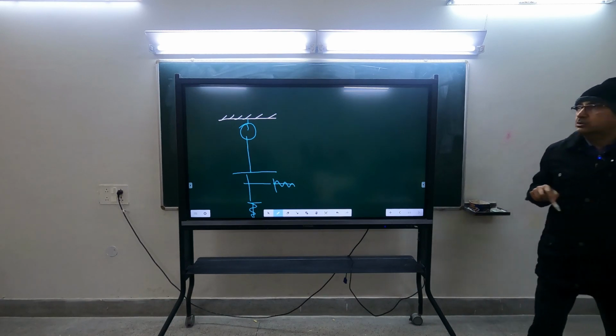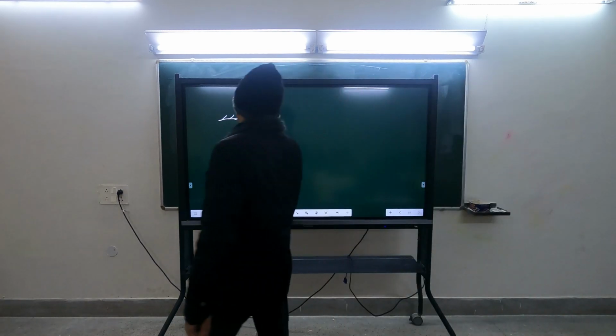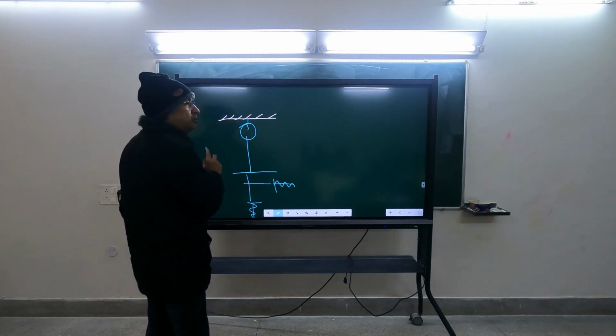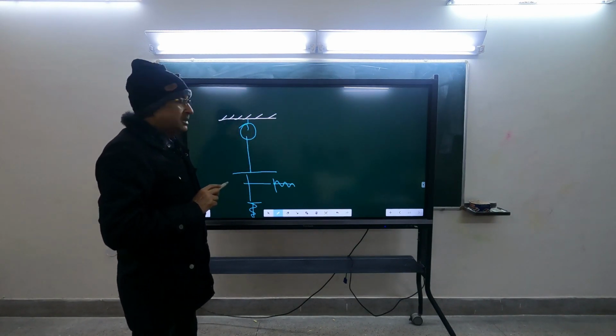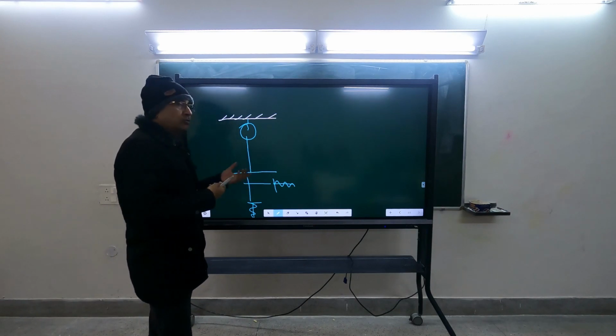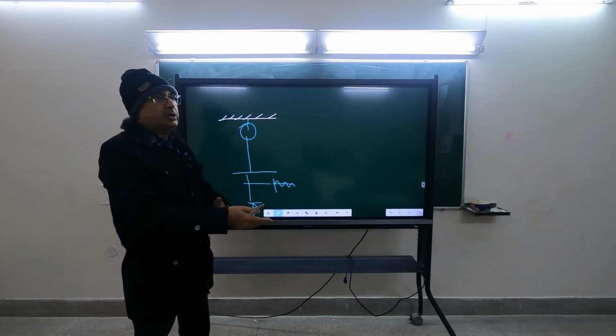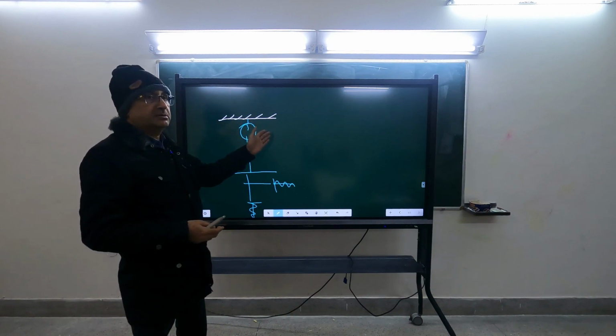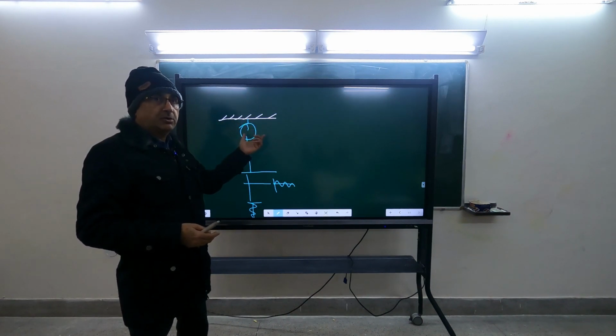So this will show you the trace, the response of the single degree of freedom system, which you can record on this glass. And because we are applying ground motions, it is put on the ground. So whatever ground motion is occurring in the horizontal plane, that will be traced on this.